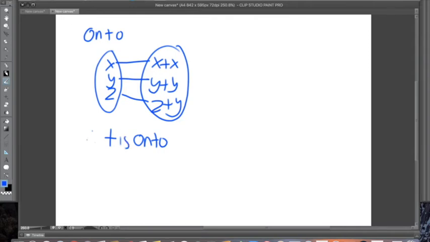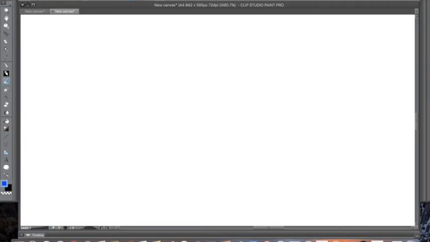So move on to linear. Is this linear or not?